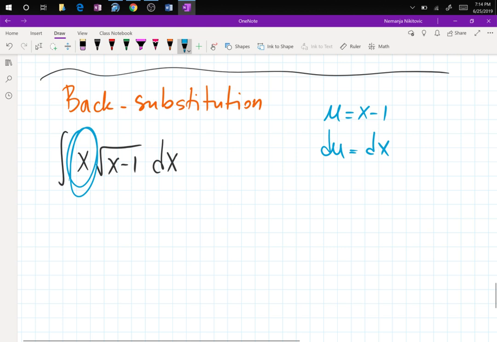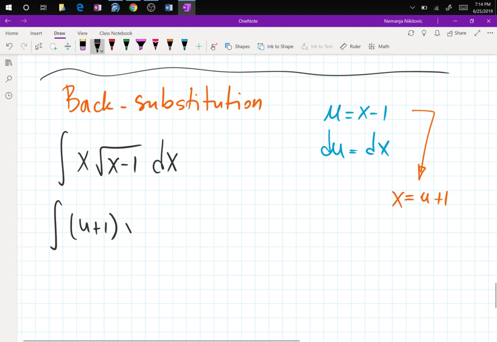You have a square root of u du, but that x there is extra. And this is where the back substitution kicks in. You go to this one over here and you say x equals u plus 1. That's a million-dollar move right there. So now, instead of x, you have u plus 1, and then you have your square root of u, and you have a du.